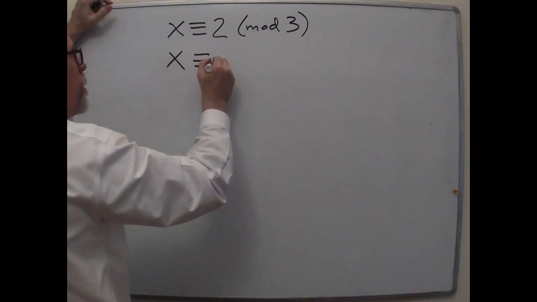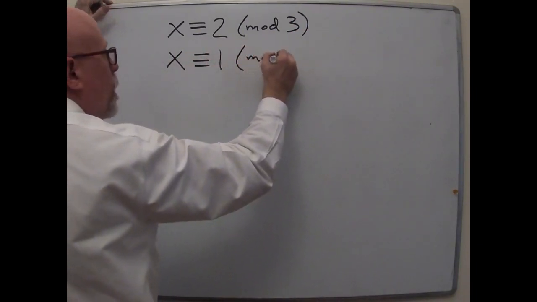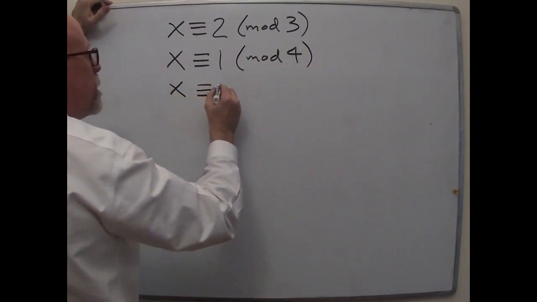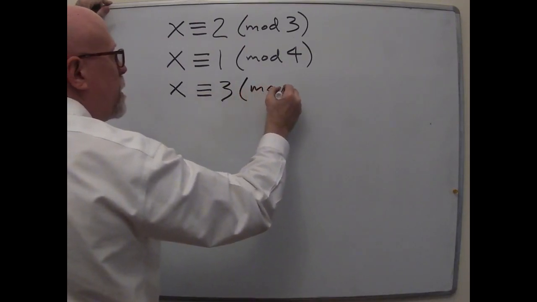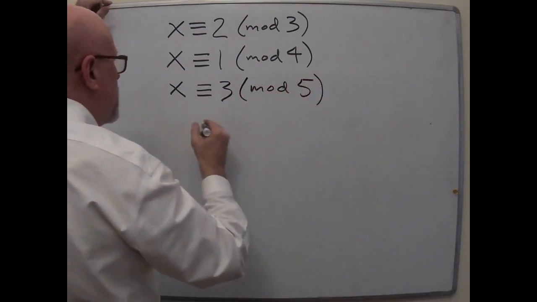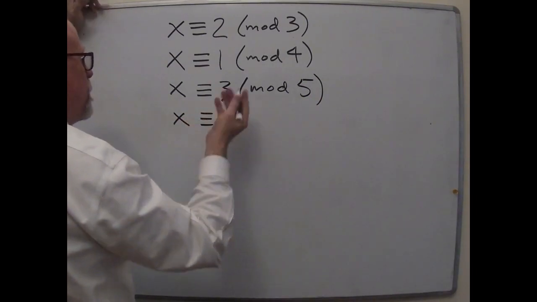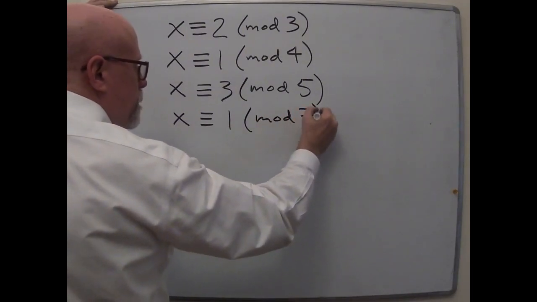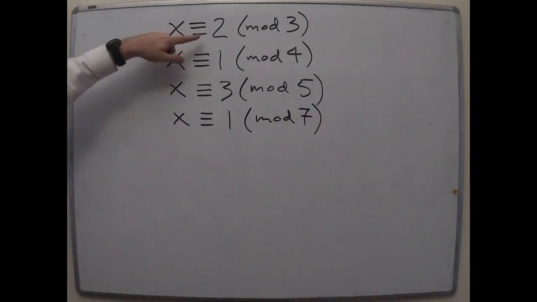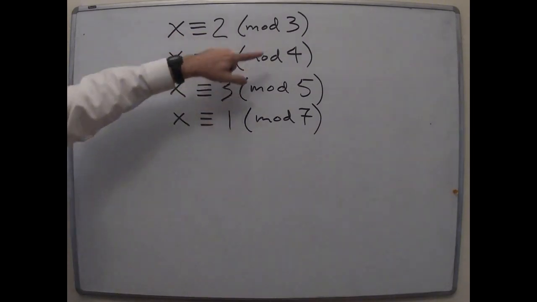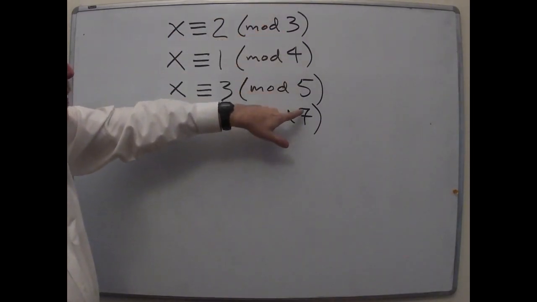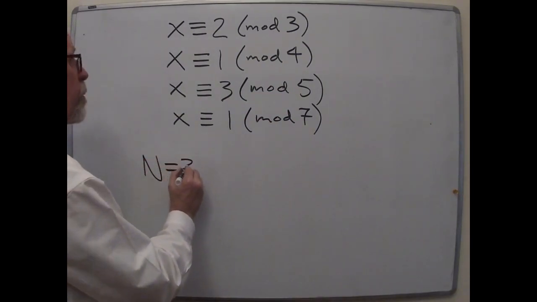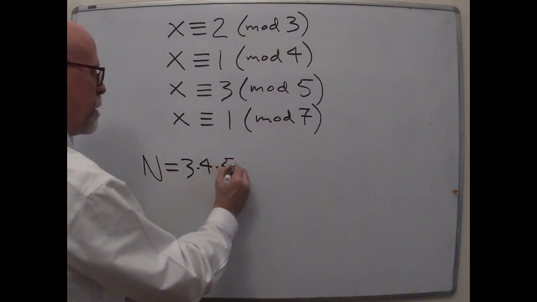X congruent to 1 mod 4. X congruent to 3 mod 5. And x congruent to, let's go 1 mod 7. Right, so these are the A's, A1, A2, A3, A4. These are the N's, N1, N2, N3, N4. Our capital N is the product of those little n's, so it would be 3 times 4 times 5 times 7.